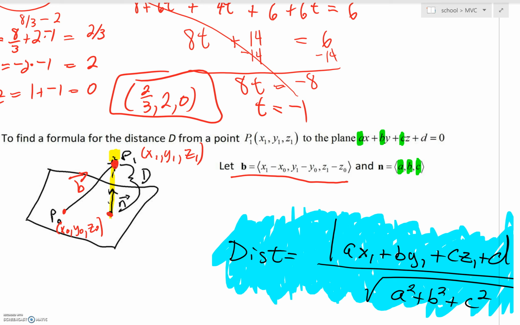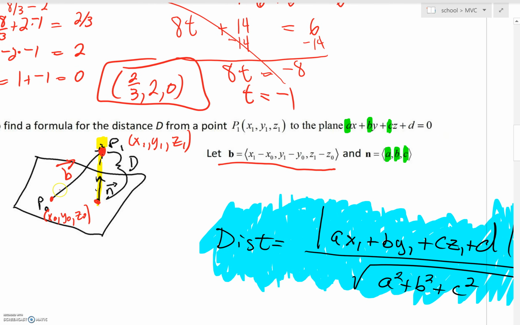Well, I'm not going to go through a rigorous proof of this right now for the sake of time in the video, but it is in our book, and I am going to really stress what is happening, and how you could quickly prove it. We could slide vector B over here. Remember, a vector can always be slid, same length, just slide it over so that it's tail to tail.